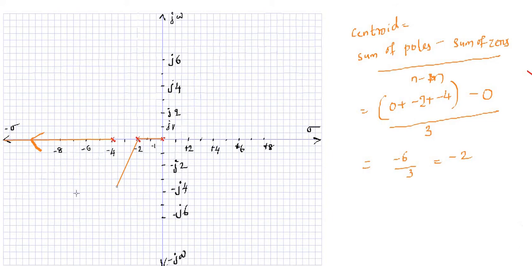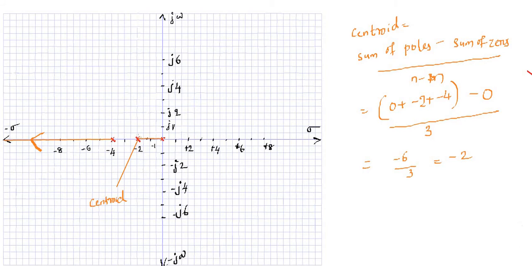Minus 2 is our centroid, and from this centroid we have to mark the asymptotes. So how can we mark the asymptotes? From the centroid, take the angles plus 60 and minus 60 and plot those angles from the centroid.